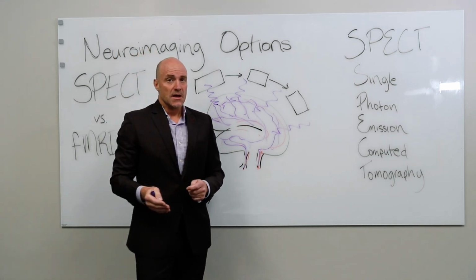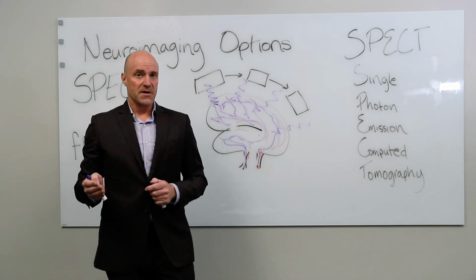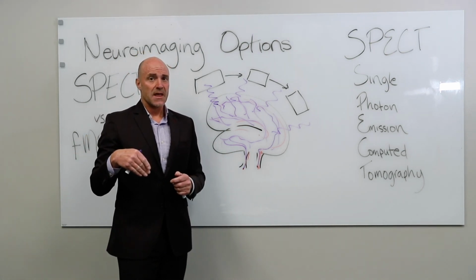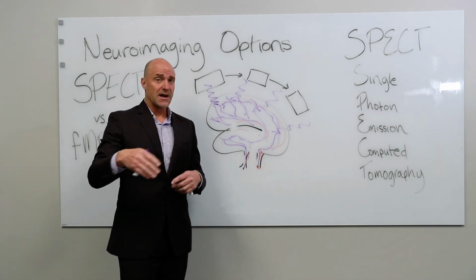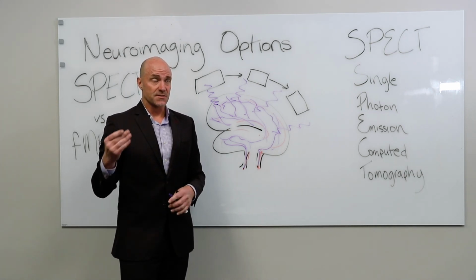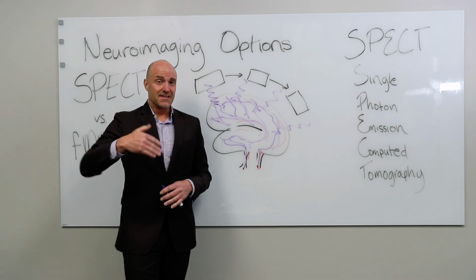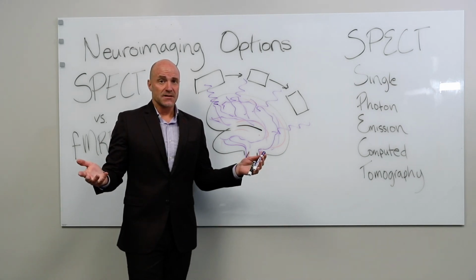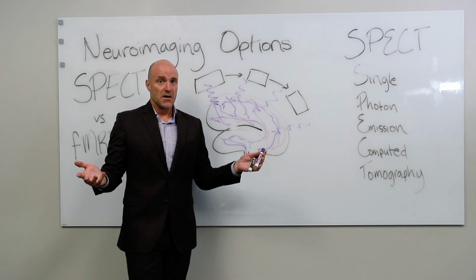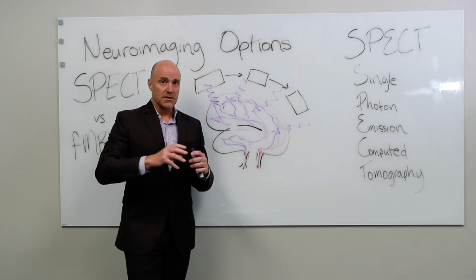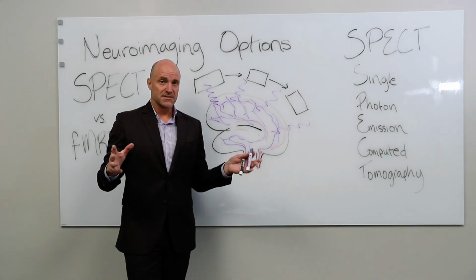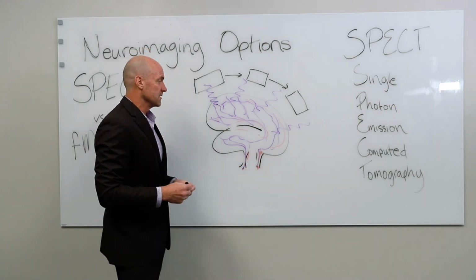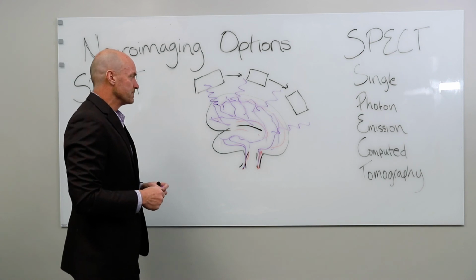Okay, so as I said before, in a SPECT exam, the patient is injected with the radioactive isotope. And so in practice, how the imaging works is that the patient is injected, and then right after they're injected, they engage in the activity of interest. So let's say this is a concentration task. They're given some concentration tasks that they do.